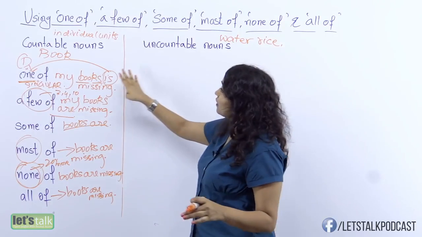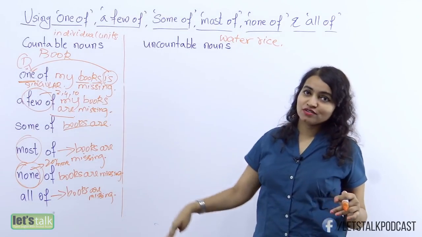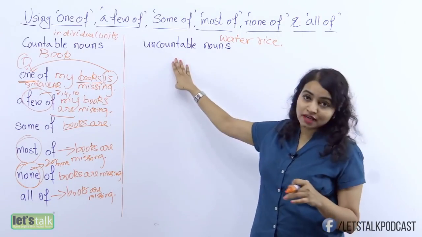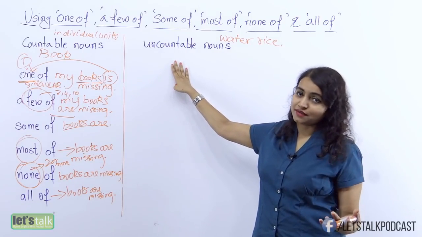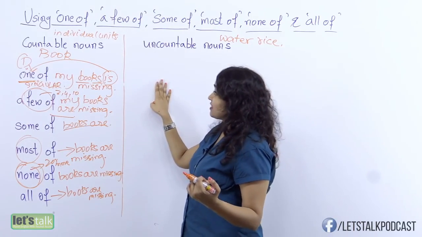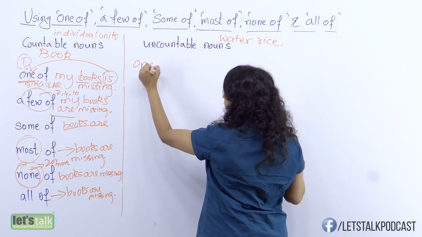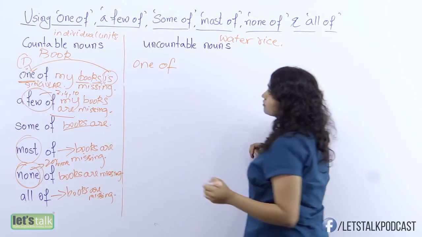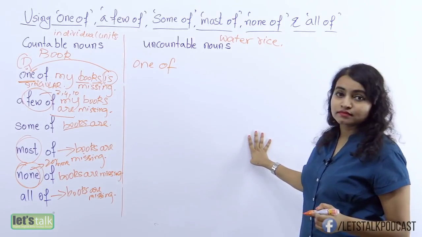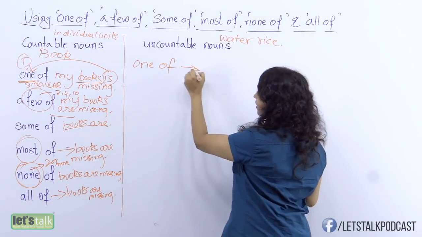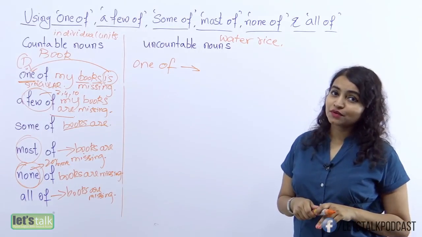Okay, now if I have to use these expressions with an uncountable noun, how do I use them? All right, so if I have to say one of, can I use one of with any kind of uncountable noun?